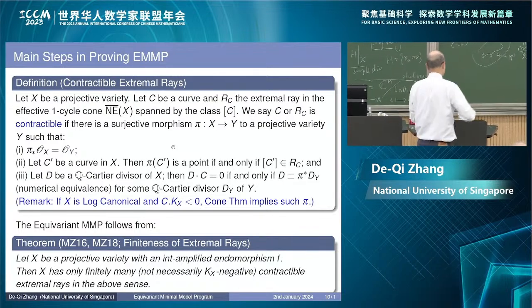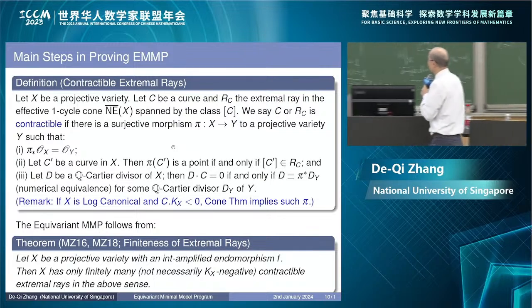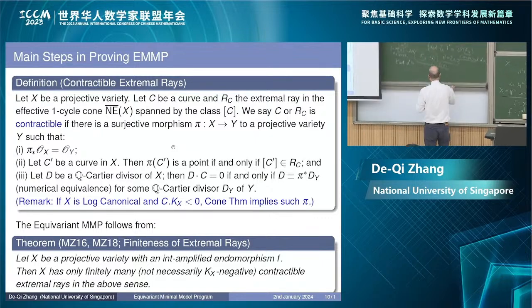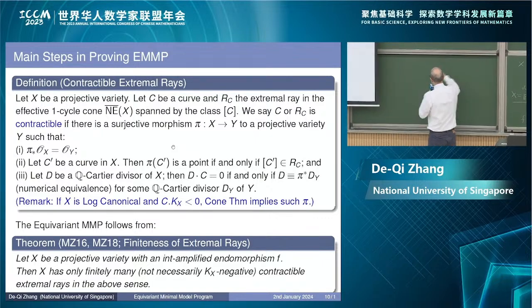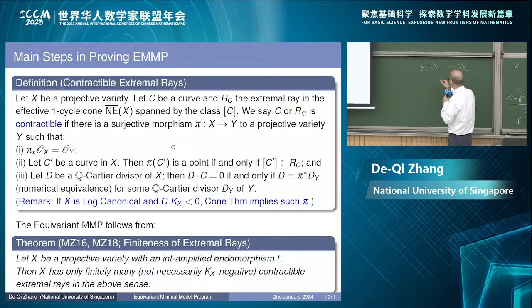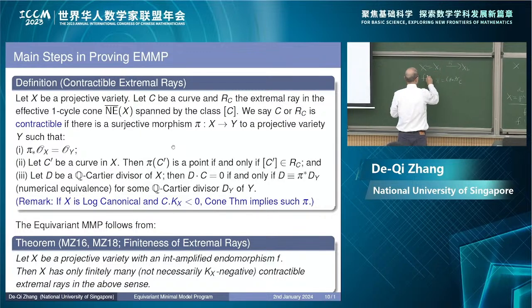So let me mention a bit the meaning of the contractible curve. You start with X equal X1, you do the contraction, meaning that this is pi. This pi is determined by the curve class C. So you have F acting here.